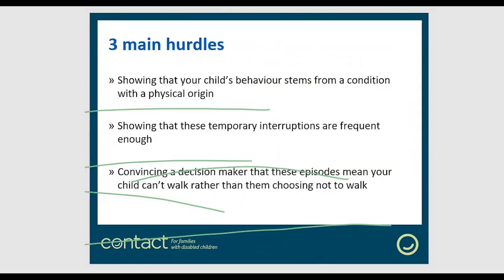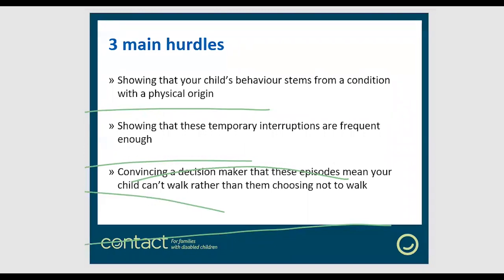Now, when we're advising parents about this, we tend to flag up that there are three main hurdles you need to meet in trying to convince a decision maker that you meet these tests. One is showing that your child's behavior stems from a condition with a physical origin, which ultimately is a diagnostic question.